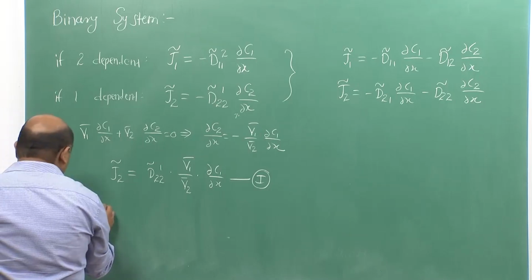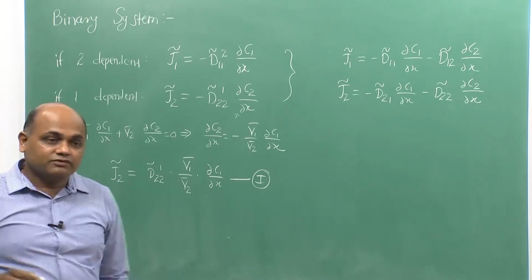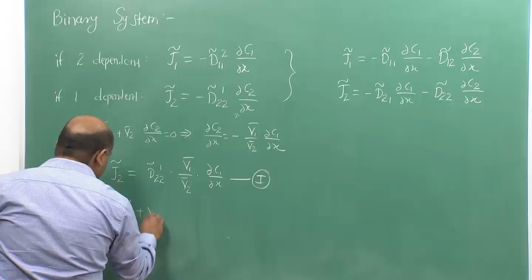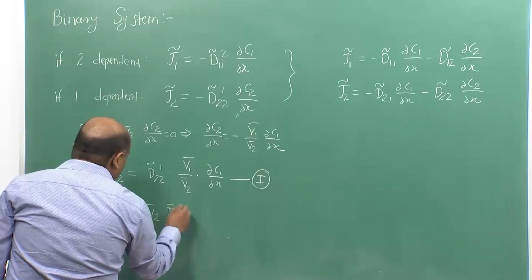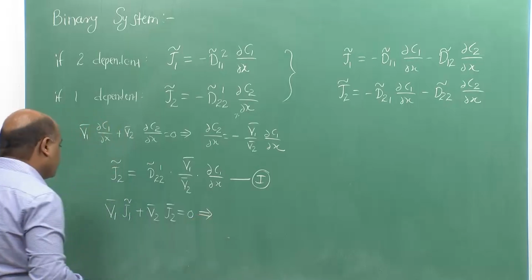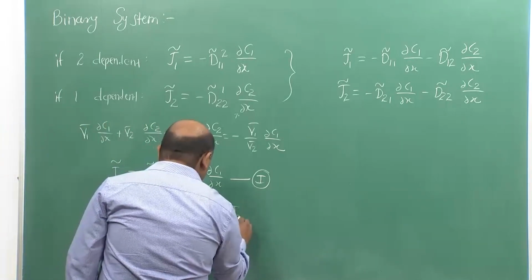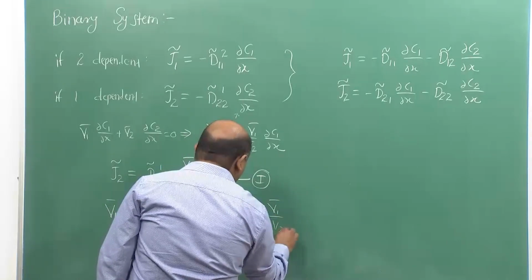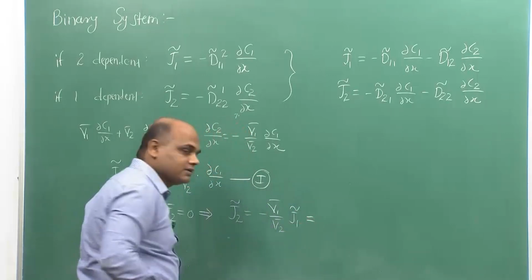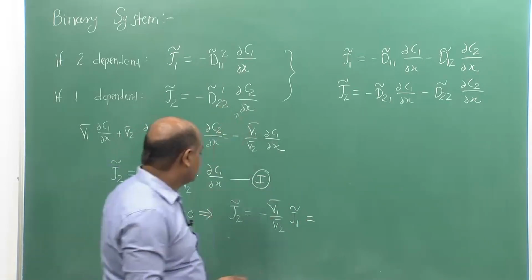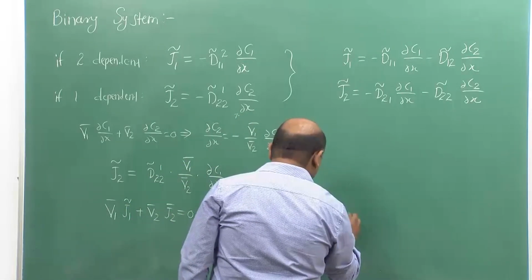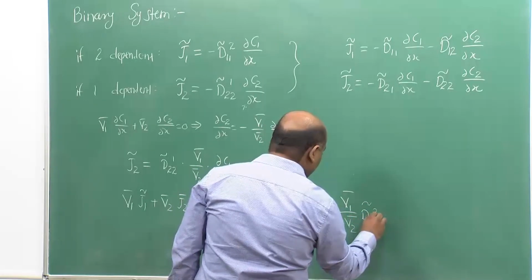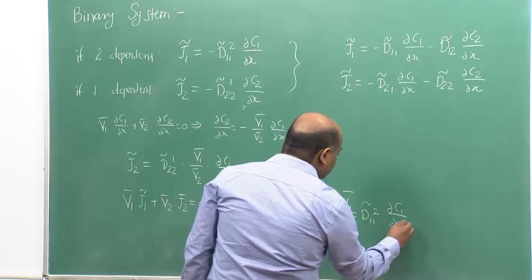But we know, because we are using the volume fixed frame, V1 bar J1 tilde plus V2 bar J2 tilde equal to 0, which tells me J2 tilde equal to minus V1 bar over V2 bar J1 tilde, and if we substitute for J1 tilde from here, we get V1 bar over V2 bar times D11 tilde 2 dou C1 by dou x.